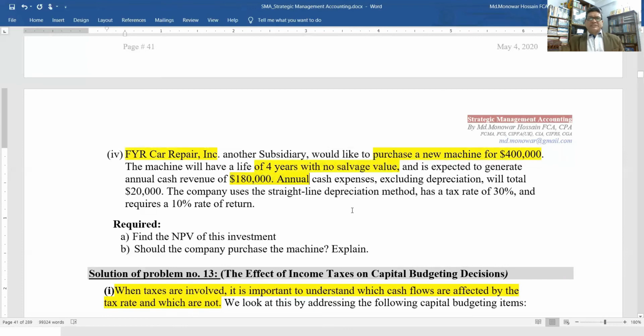Annual cash expenses excluding depreciation will total 20,000. The company uses the straight-line depreciation method and has a tax rate of 30% and a required rate of 10%, as in the previous one. So find the NPV of the investment. Should the company purchase the machine?